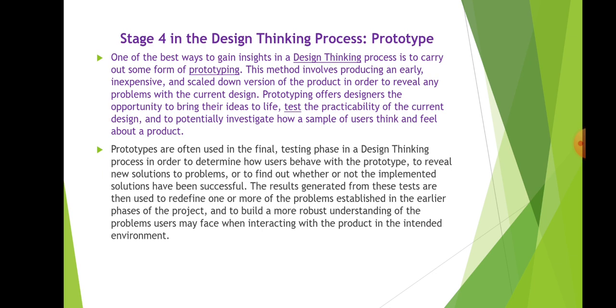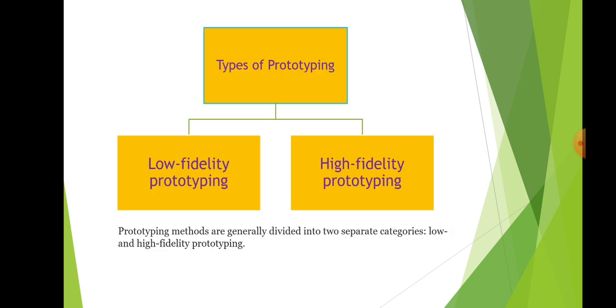generated from these tests are then used to redefine one or more of the problems established in the earlier phases of the project and to build a more robust understanding of the problems users may face when interacting with the product in the intended environment. Look at the diagram.